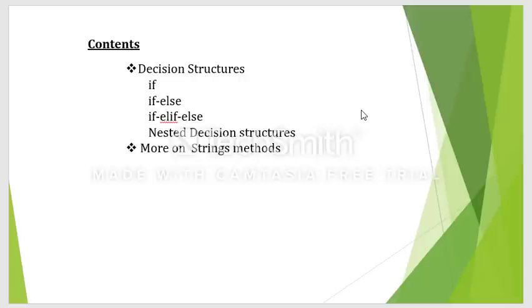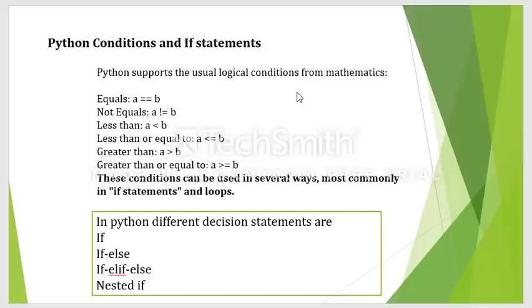This if condition, if else, if else if, then nested structures. But the only difference is that the syntax is different in Python. So let's see how this syntax can be followed while writing the decision making structures. Okay, so Python conditions and if statements.